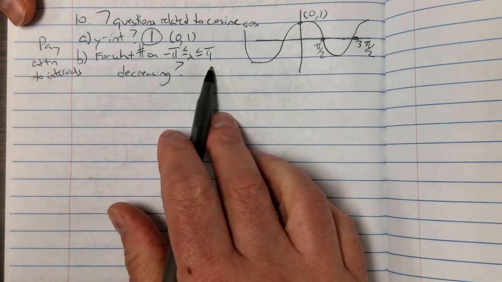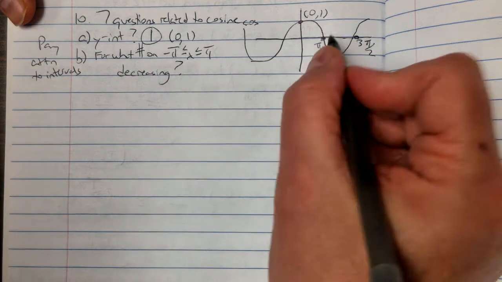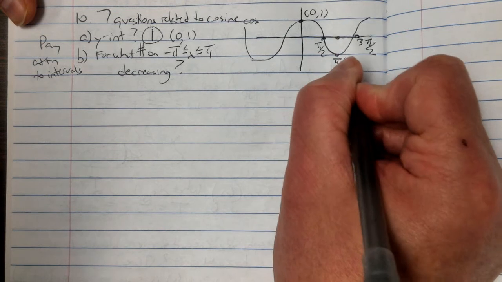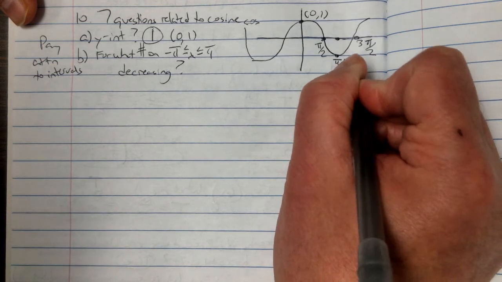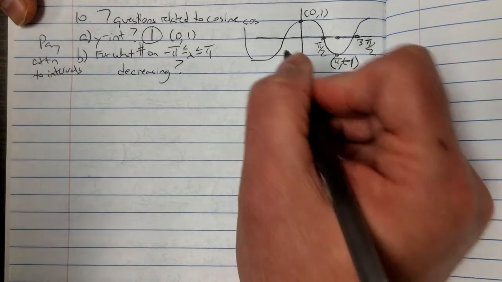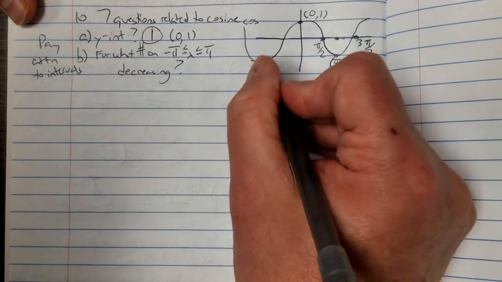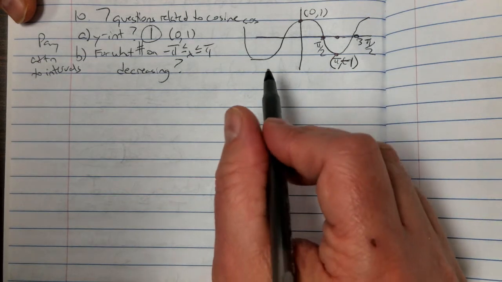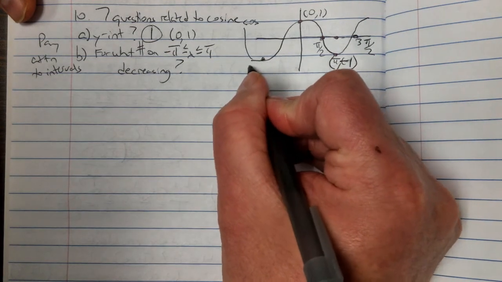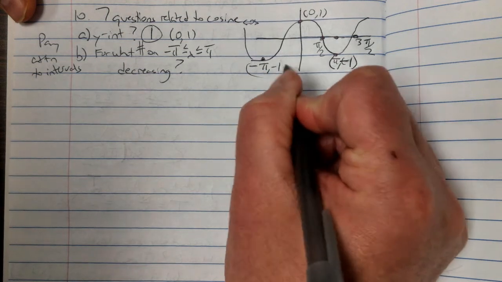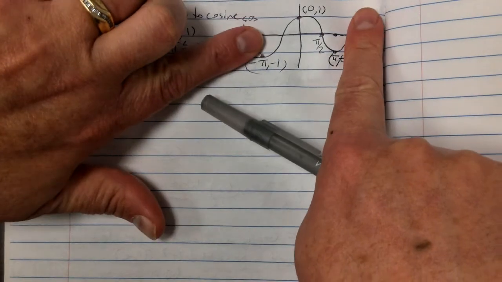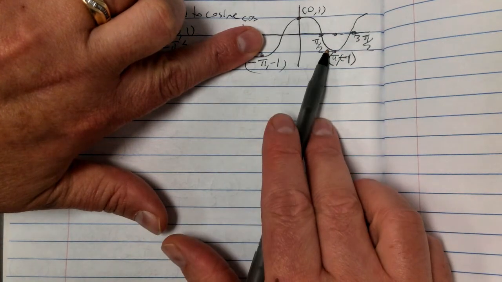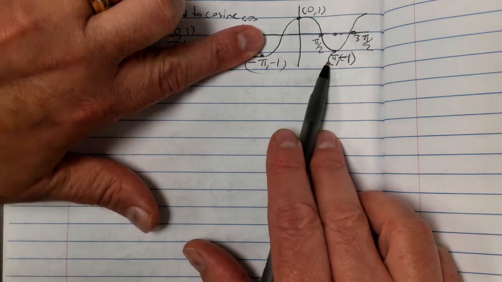So if it's negative pi to pi, that would indicate this ordered pair is pi comma negative 1, and so from negative pi to pi, negative pi comma negative 1, that means we would cover up this part, and so it's decreasing where it's like negative slope, so that'd be from 0 to pi.